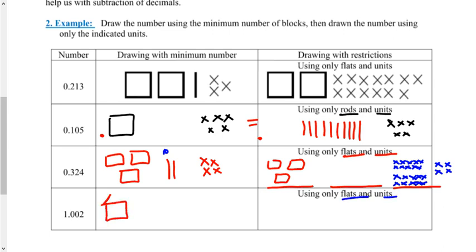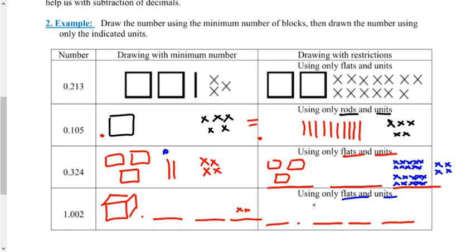1.02 only using flats and units. One whole amount, right? That's our cube. And then almost think of this as nothing here and nothing here and all the way down to here, and we just have our 2 units. So if I can only use flats and units, right? I'm just going to put these in here because this is what makes sense to me, and hopefully you can start associating these with their place value. 10 flats make up one whole unit.